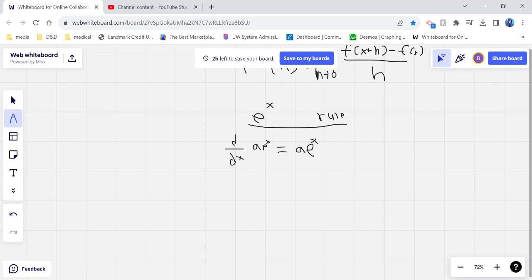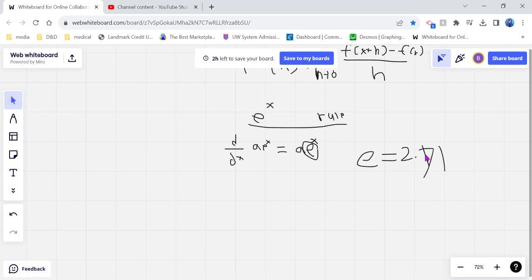But I just want to make sure that it's also made clear that this only applies for e to the x. E, if you don't know, is a constant referred to as Euler's number. It's used a lot to describe population growth and exponential growth like this. And I want to say it's around 2.71, something like that.